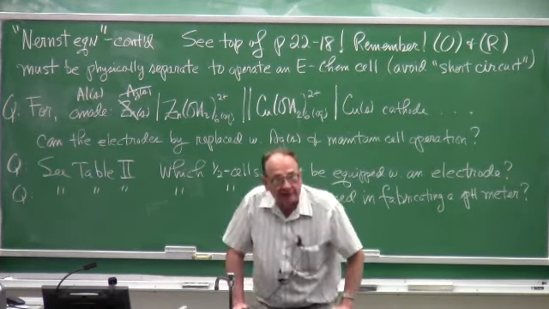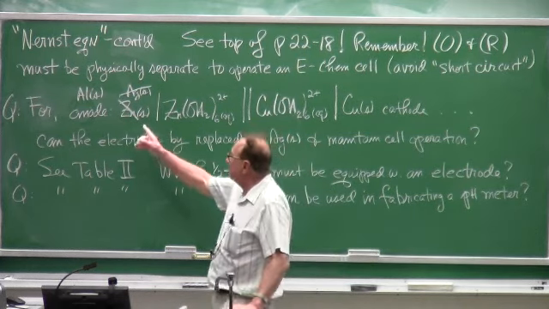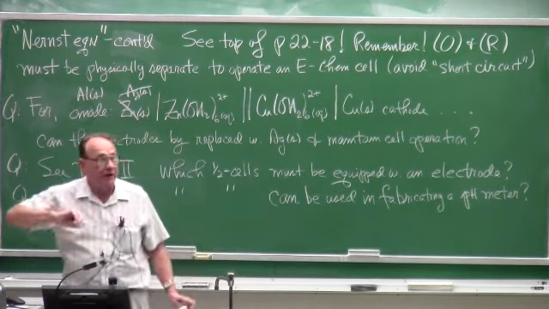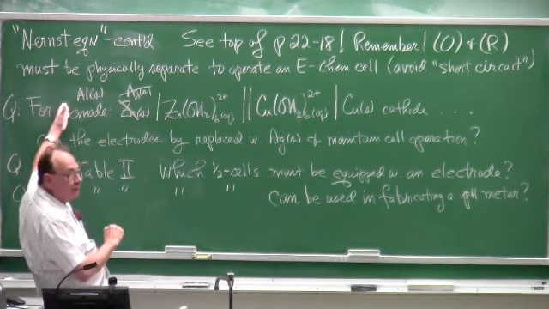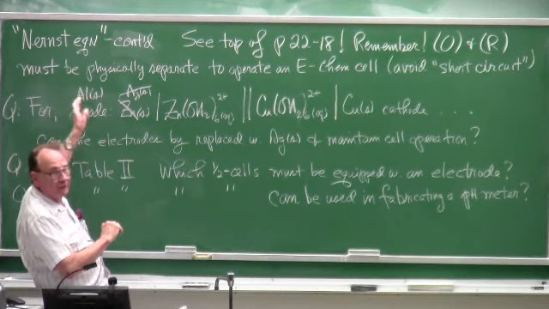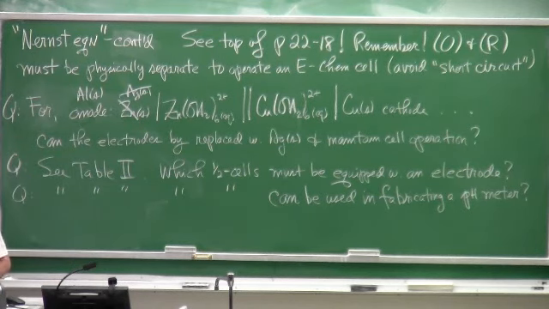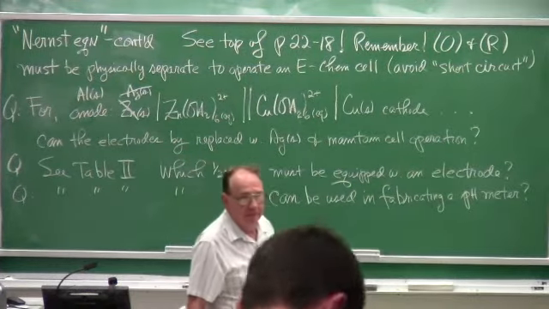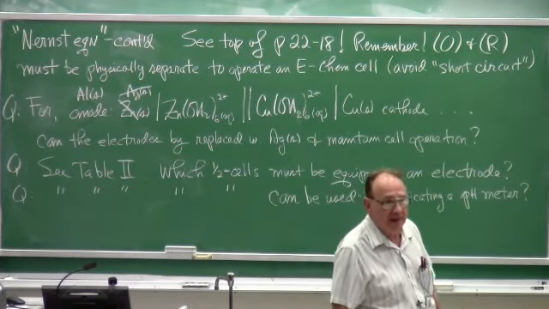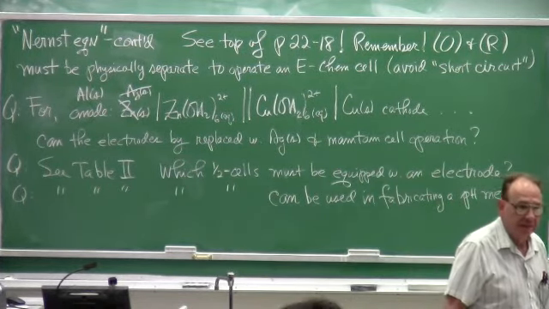I'm curious. What the hell is now going to happen when I take away the zinc anode and replace it with aluminum and have the aluminum metal function as the anode? What's going to happen now? Look at the half reaction table. Can aluminum reduce hydrated copper ion spontaneously?